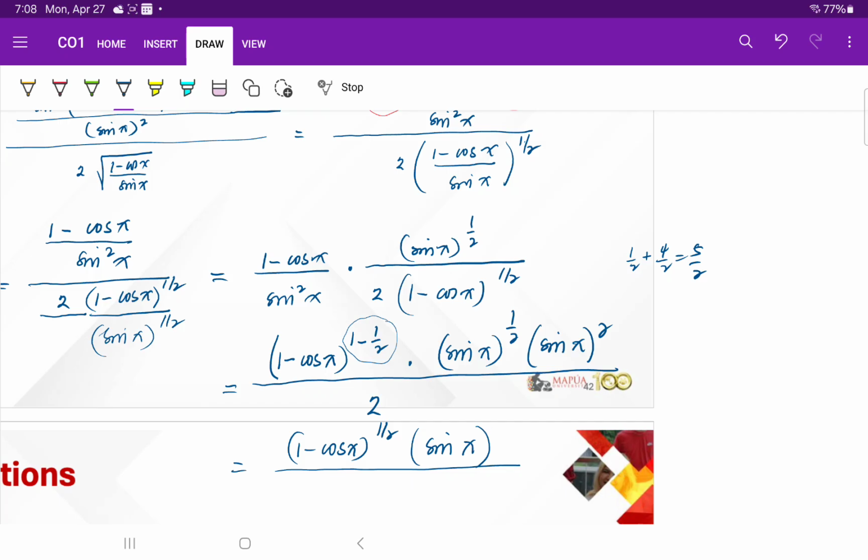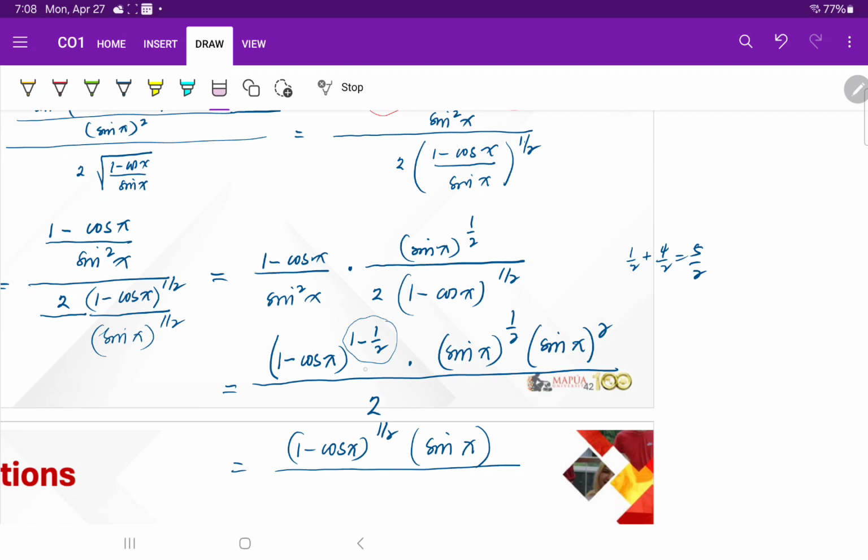Hold on, sine to the 1/2 should go in the numerator, because we get the reciprocal of this. So sine to the 1/2, no, this is wrong again, hold on.